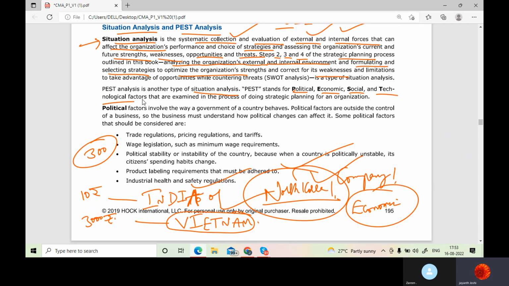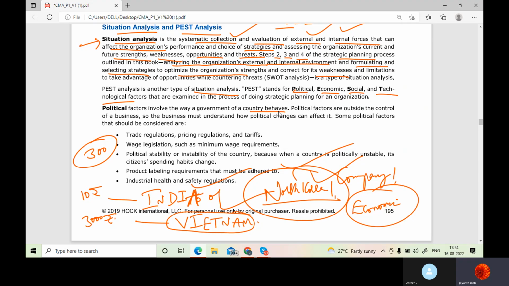So let's see what the political factors are. Political factors involve the way a government of a country behaves. If the government is very strong, like in India, in Lok Sabha and Rajya Sabha, we have two houses, and the BJP government is very strong because they have a lot of representatives in the Lok Sabha, and they can make rules and regulations.